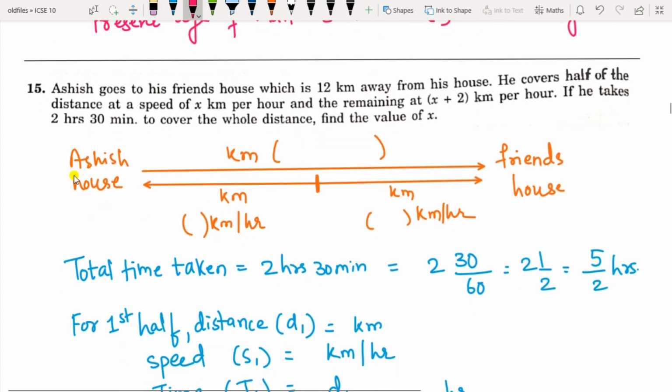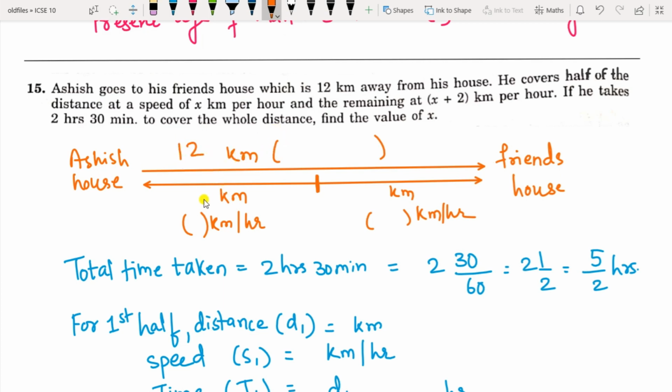Question 15. Ashish goes to his friend's house which is 12 km away from his house. He covers half of the distance at a speed of x km per hour and the remaining at x plus 2 km per hour. So this is Ashish's house and this is the friend's house. So the total distance is given as 12 km.